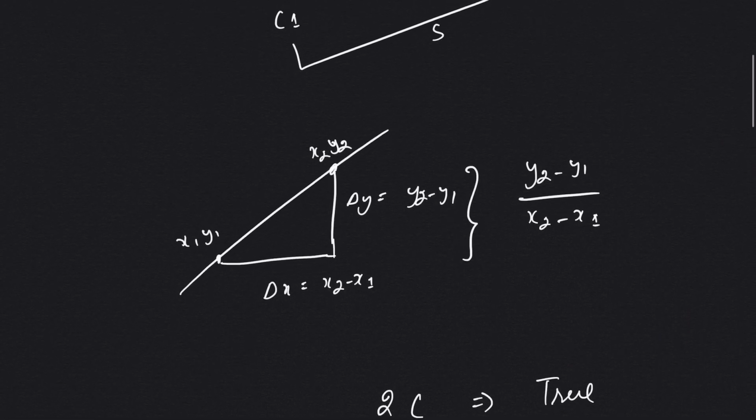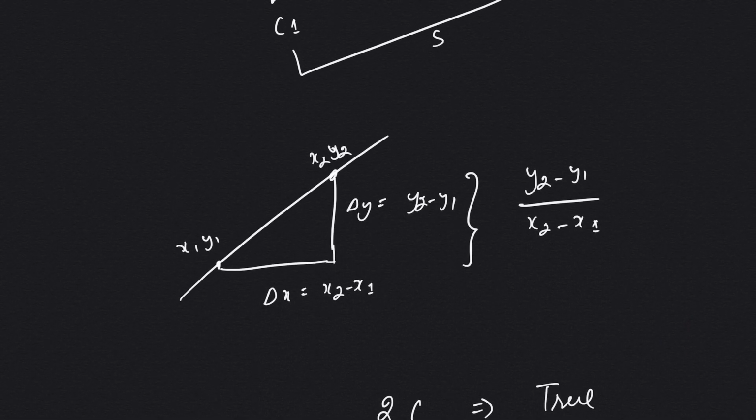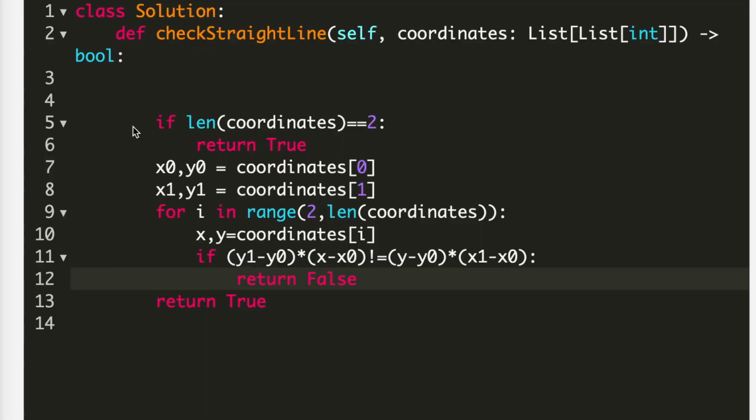Let's move on to the coding part and see what the code for this problem is. At line number 5, I'm checking if the length of my coordinates is equal to 2, then I'm simply returning true, because as we have seen, if we have any 2 points, they form a straight line, and it is also mentioned in the question.